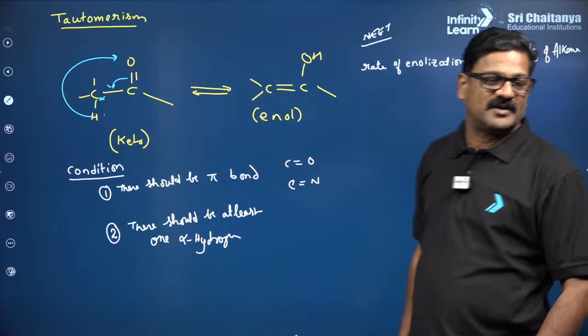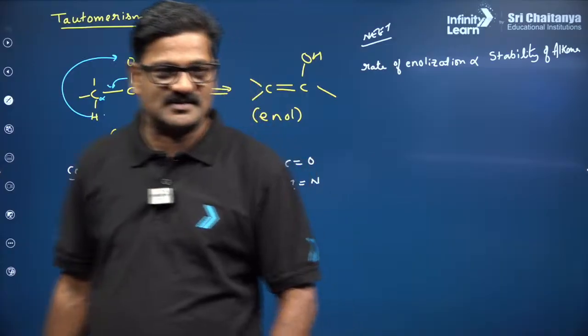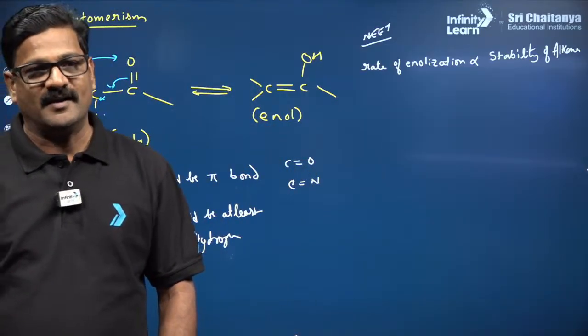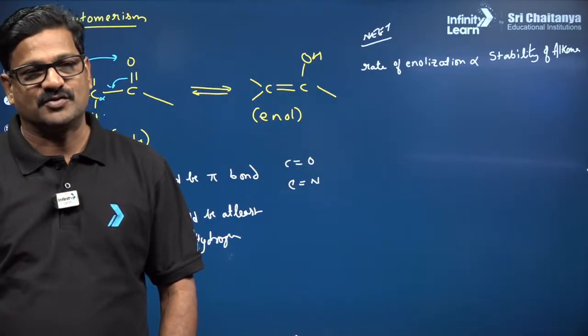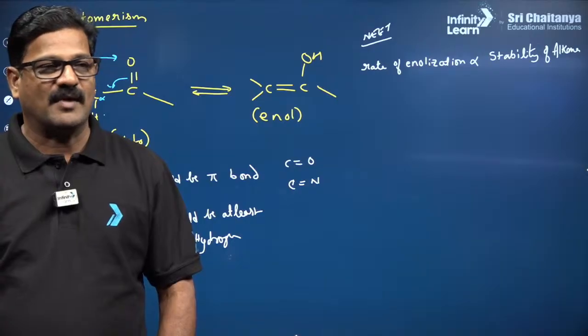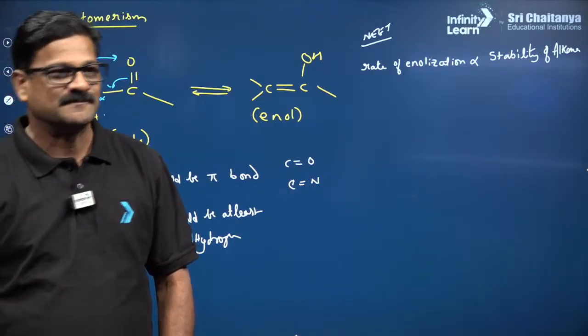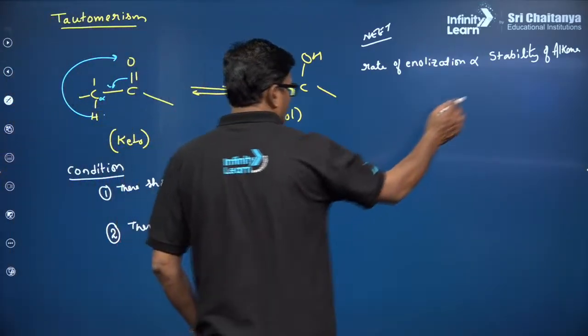I can decide the stability of alkene by virtue of resonance, by virtue of hyperconjugation, and by virtue of aromaticity, right?